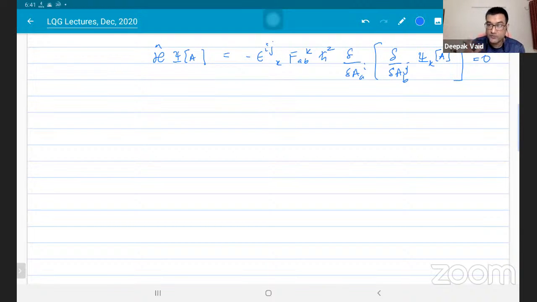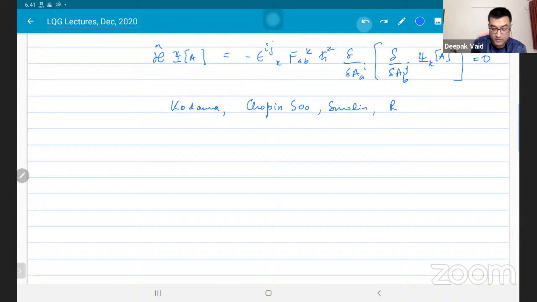So if you are interested, you can look at some papers, the original paper by Kodama, then work by Chopin Su, and also by Smolin. And then more recent, well, by recent I mean more than 10 years ago, work by Randono. All of this work.